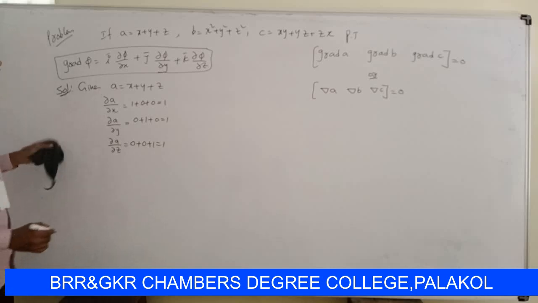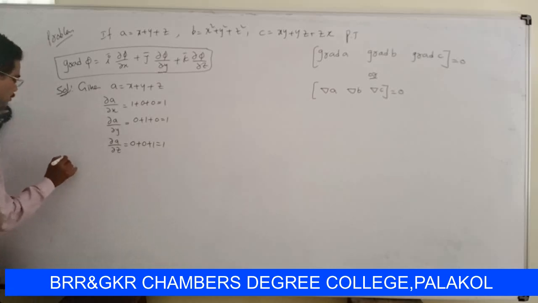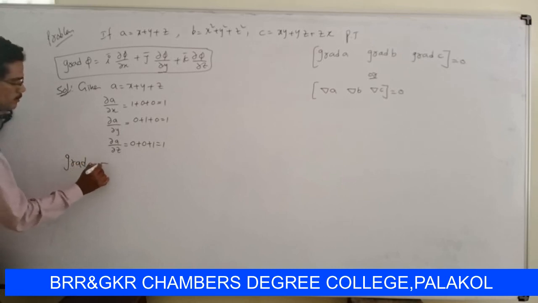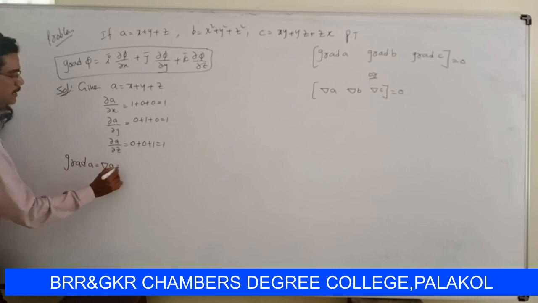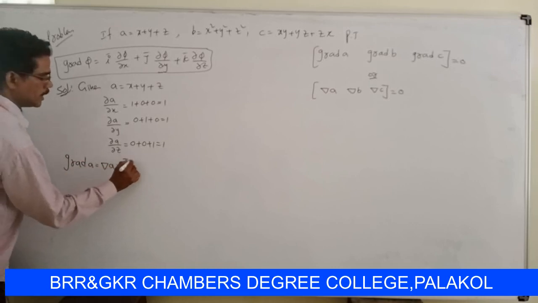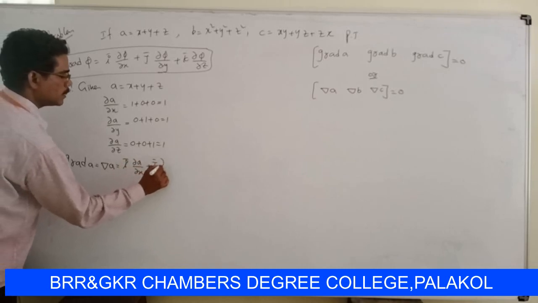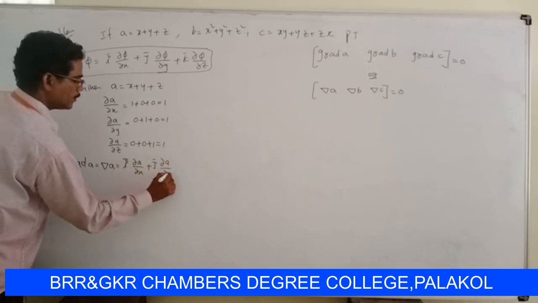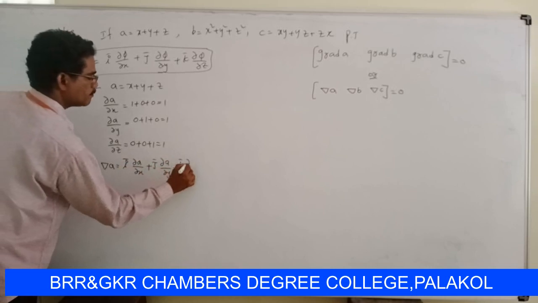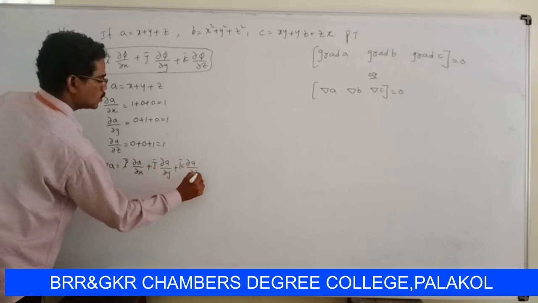So now grad a, symbolically del a, equal to the formula i dou a by dou x plus j dou a by dou y plus k dou a by dou z.